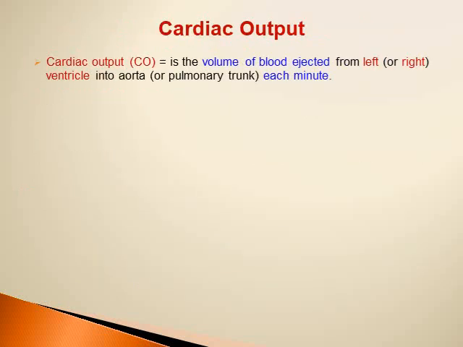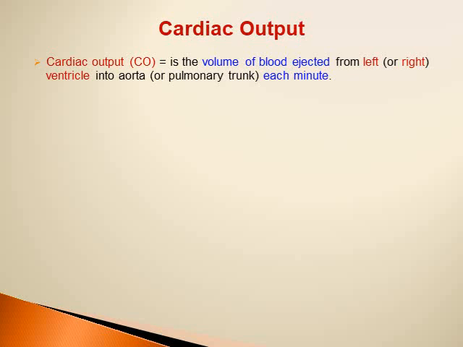Cardiac output is the volume of blood ejected from the left or the right ventricle into the aorta each minute. It is not left and, it is left or right. So we don't combine the volume of blood ejected from both ventricles. Cardiac output is the volume of blood ejected per ventricle in 1 minute.